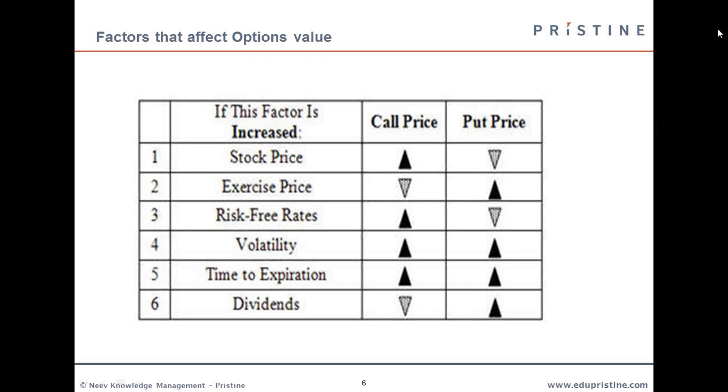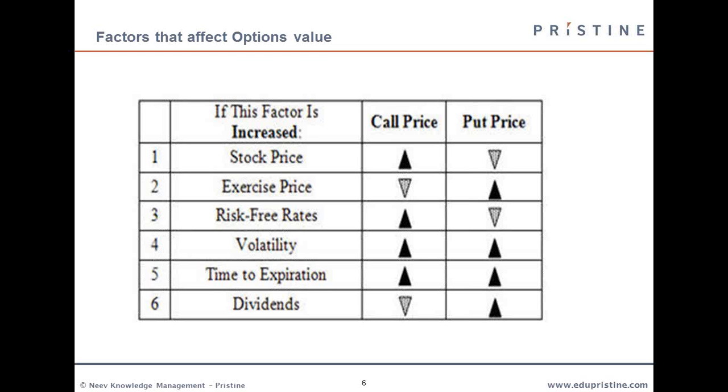So what are the factors that affect the option value? These options are basically issued on the underlying securities, underlying assets. What are these underlying assets? Options are basically like gambling, some sort of gambling, where you bet on something. That something is called the underlying asset.